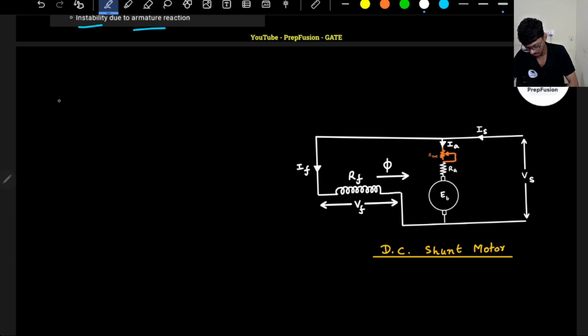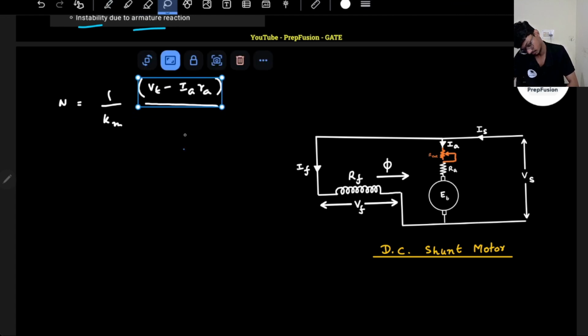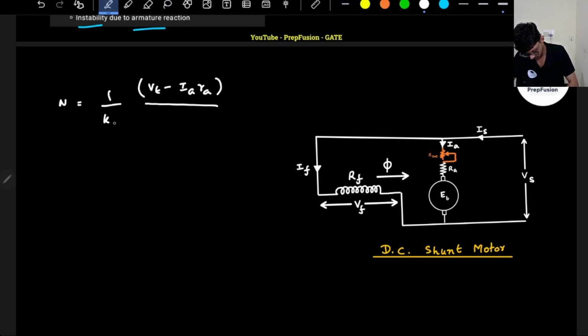So what is my EB? My speed is equal to 1 by Km into Vt minus IARA, divided by flux.